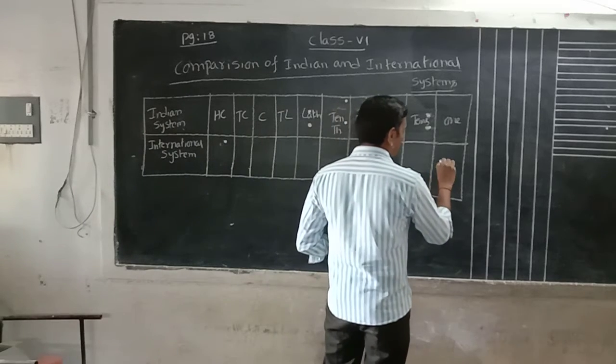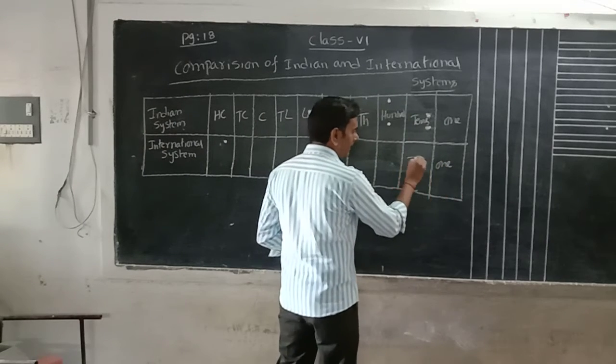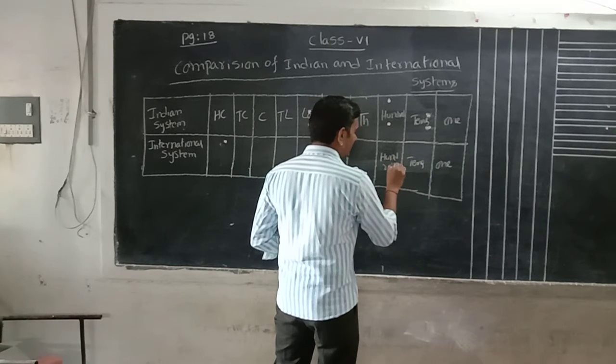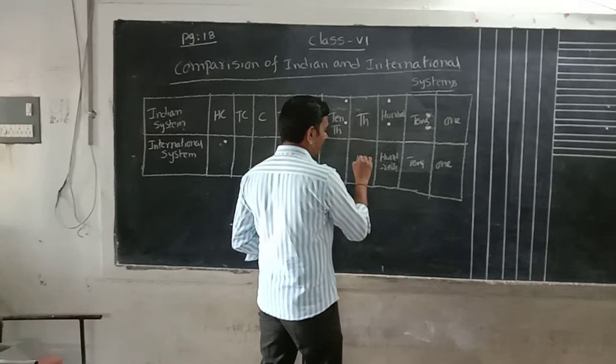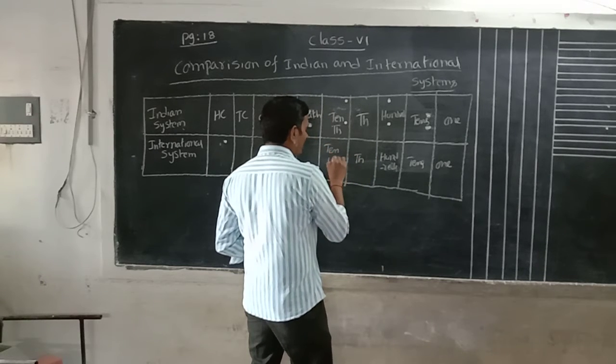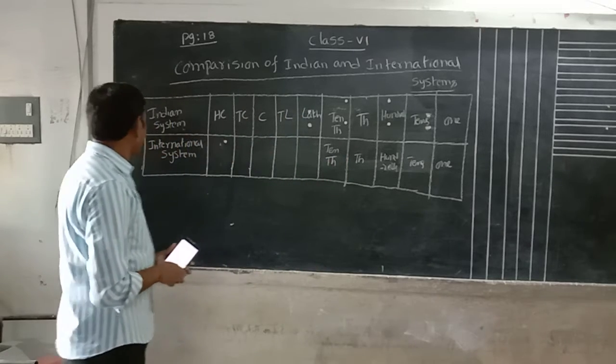Now we will write the Indian system: ones, tens, hundreds, thousand, 10,000. Up to which place value will they be the same in the Indian system and the international system?